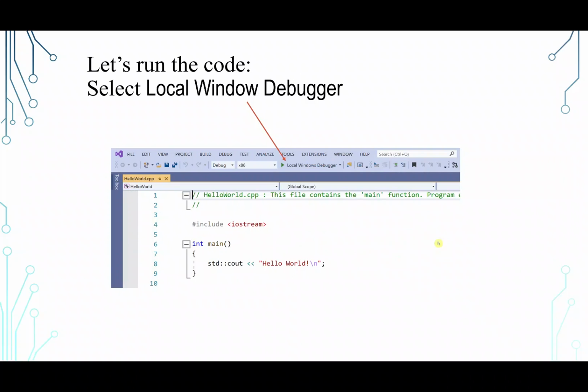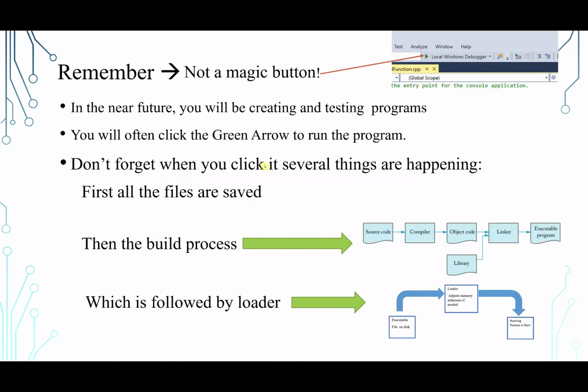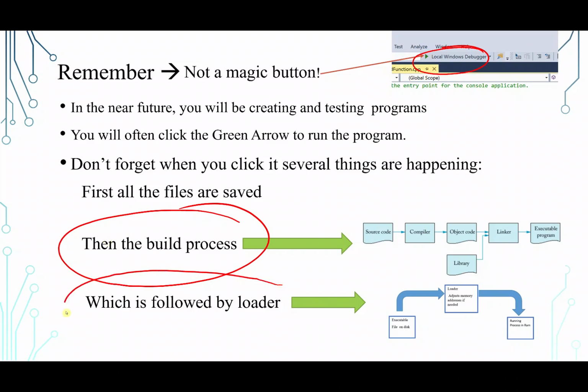So when you run your code, you click on this little arrow, the green arrow. It's local Windows debugger. So click on that. Then when you click, remember this little arrow is doing two things: the build process, redoing that again, and then followed by the loader.